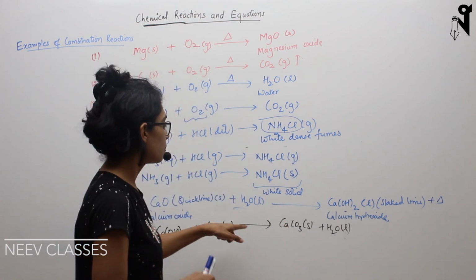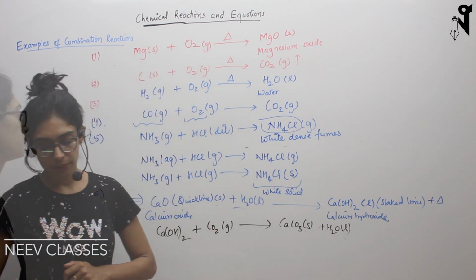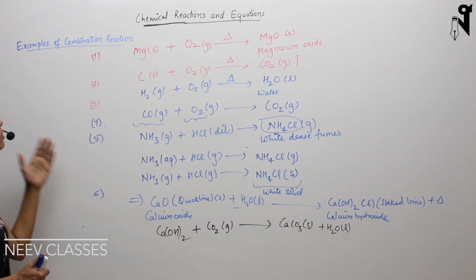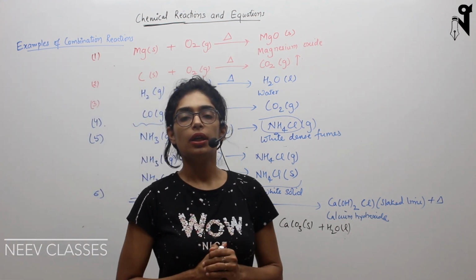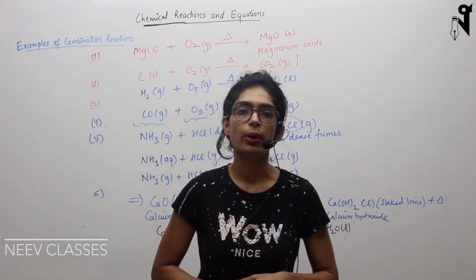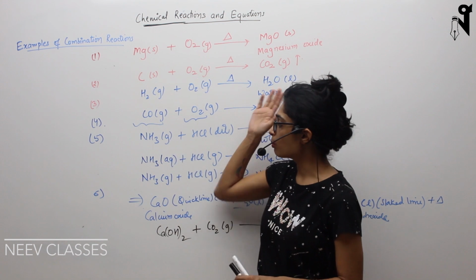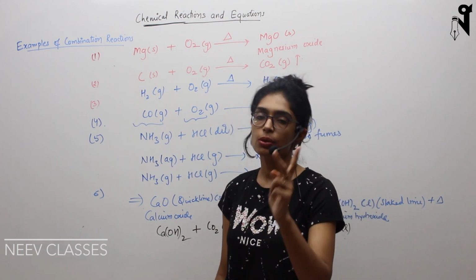And that is due to the formation of CaCO3, that is calcium carbonate. So these are the examples of combination reaction. I hope when somebody gives you a set of reactions and asks you to identify which one is the combination reaction, you'll be able to identify. Moreover, now we have written almost 6 examples of combination reaction. If somebody asks you to write 2 combination reactions, you can write them.